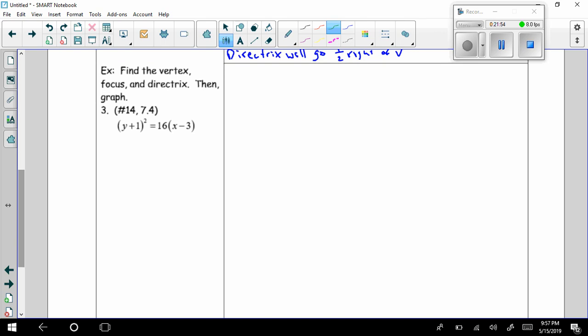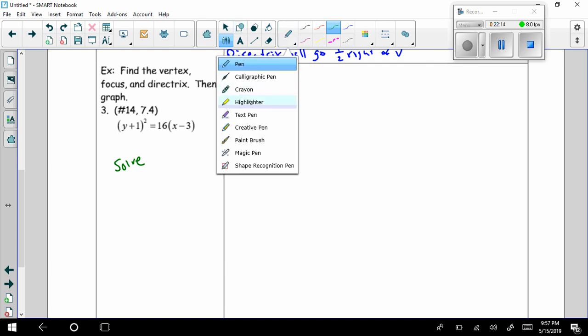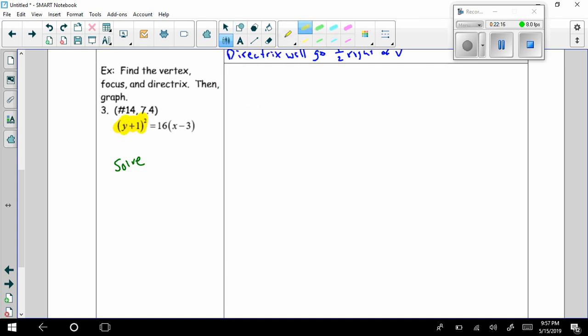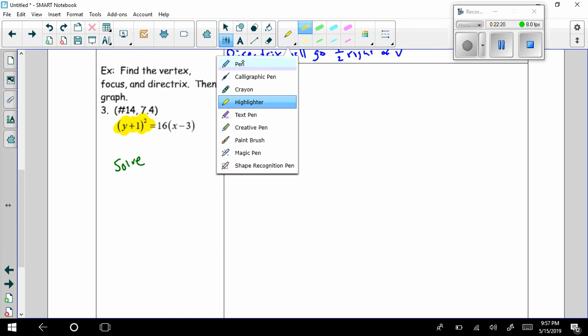Okay, so I'm going to get you started on this one, but then I'm going to have you pause the video and try it yourself. So the only difference with this one is that we don't have a variable equal to itself, so you need to solve. All right. So look at what variable is squared, and in this particular case, it is your y, which means that this will be an x equals.